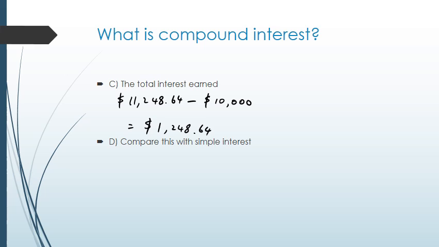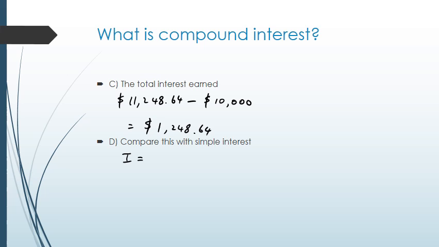That's quite a lot, right? We didn't have to move the money. By not moving the money, we got some money back, which is $1,248.64.